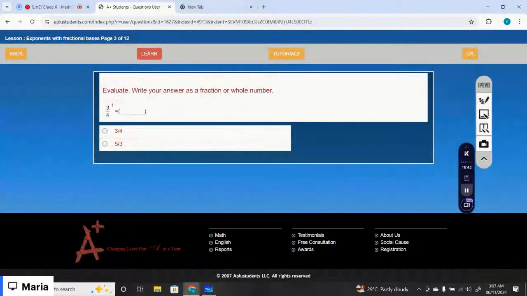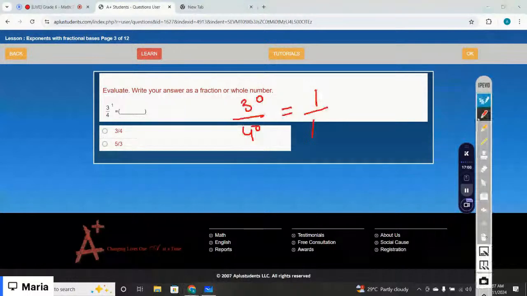The next one is evaluate 3 by 4 exponent 1, which is the correct option. That is 3 by 4 exponent 1. So any number that has the exponent 1 is exactly the same number, right? 3 exponent 1 is 3 and 4 exponent 1 is 4.